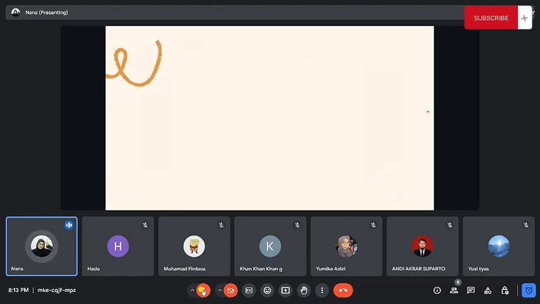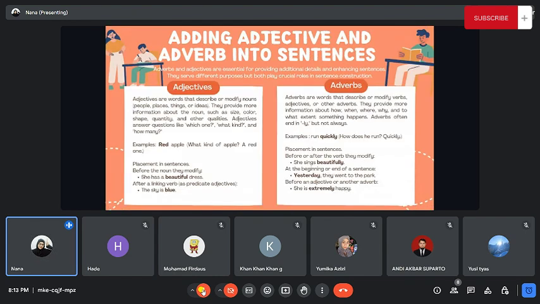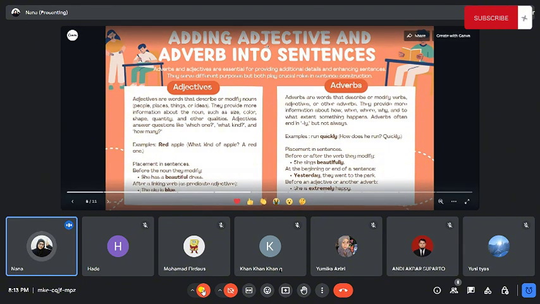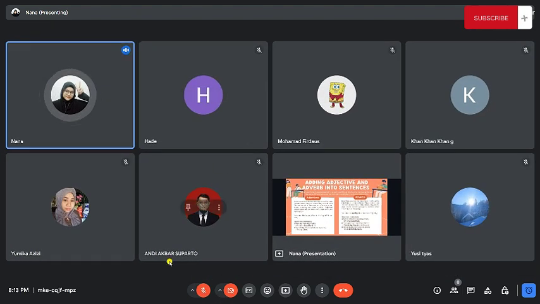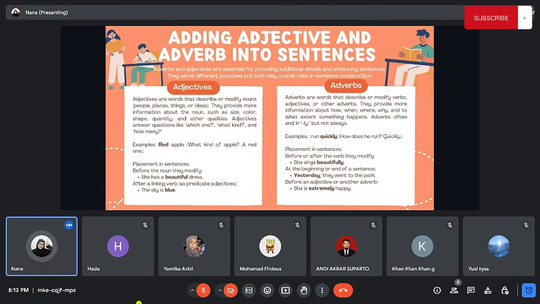Okay, let's move on to the next one. Next is adding adjectives and adverbs into sentences. Both adverbs and adjectives are very crucial for providing additional details and enhancing sentences. They serve different purposes, but both play crucial roles in sentence construction. As for adjectives, I believe all of you already know about this.